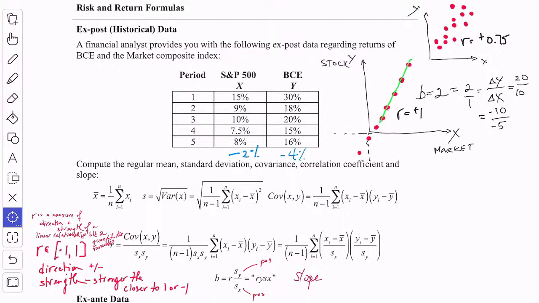All right, so I'm going to ask you now for this one, what would the B as a slope be? Could it also be 2?